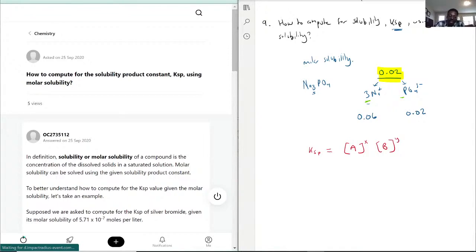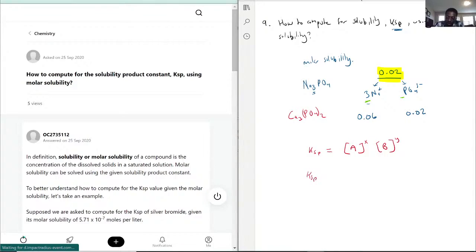Because if you had more complicated types, let's say we actually wanted calcium phosphate, Ca3(PO4)2, that's a good one, because you still have 3 calciums, but you would have 2 phosphates, meaning that the y in that case would be 2. So if you want the Ksp, actually, let me use each one.